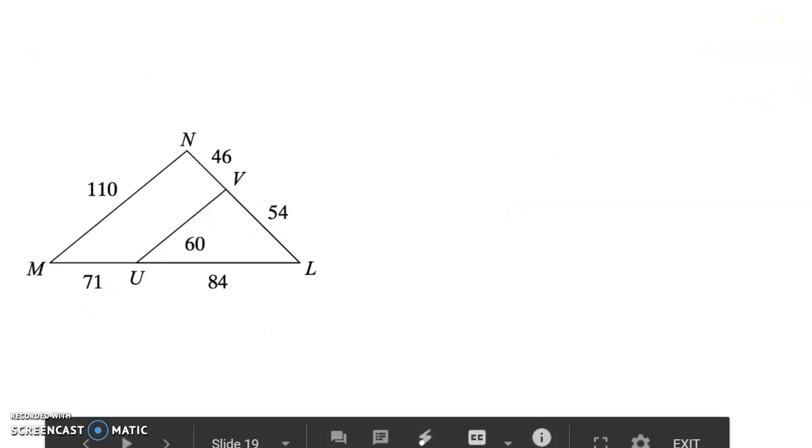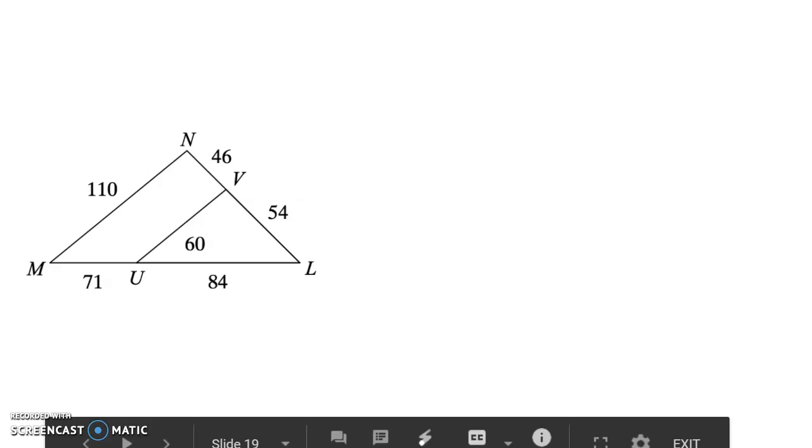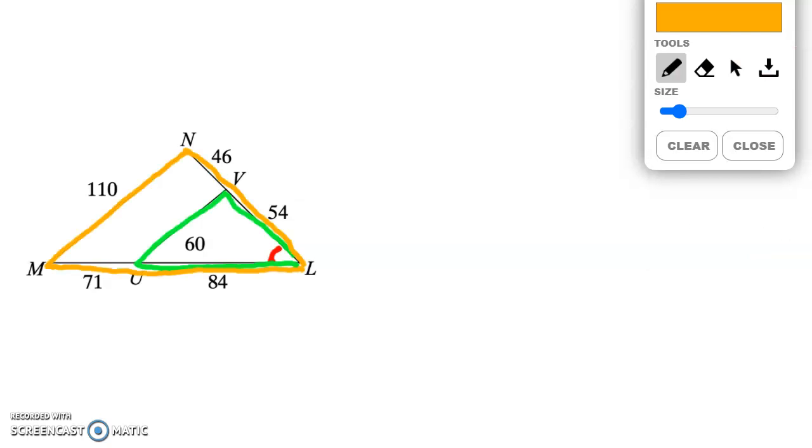Here we go. Okay, so given this, what do we know for sure? Well, we know that this angle is common to both. So we know that this angle is common to this triangle inside as well as the triangle outside. We're talking about the green triangle inside and the orange triangle outside. So when I think about this, what do I know?